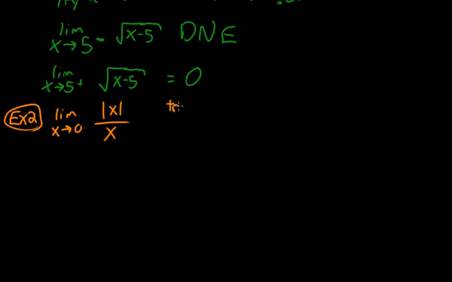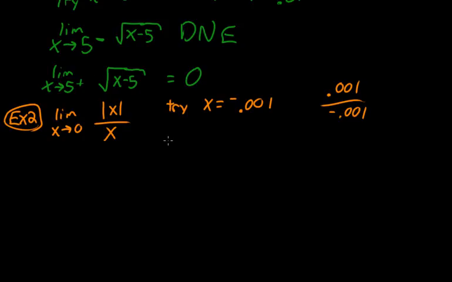So we'll say try x equals negative 0.001. That'll get us close. Well, that would give us 0.001 divided by negative 0.001, which is going to give us a negative number.